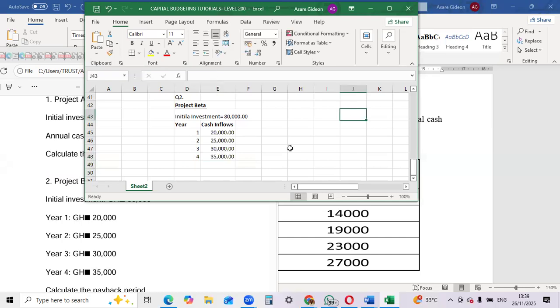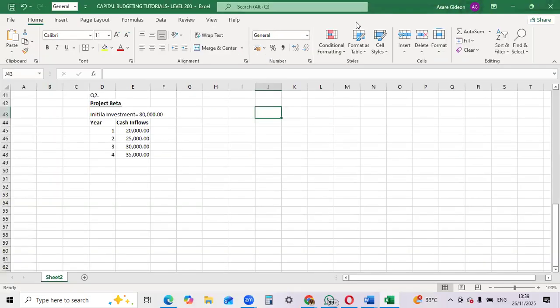All right. So now you should determine the payback period. That is a requirement of the question. So you have to determine the payback period to that effect.